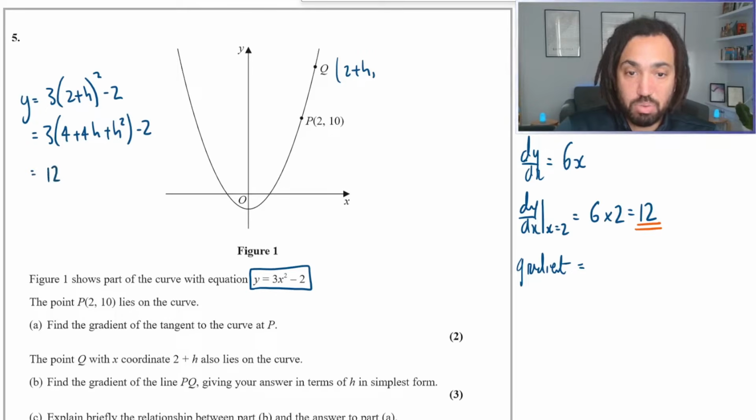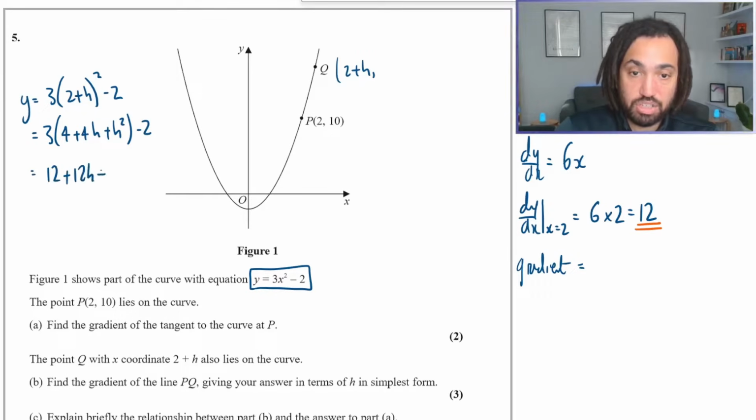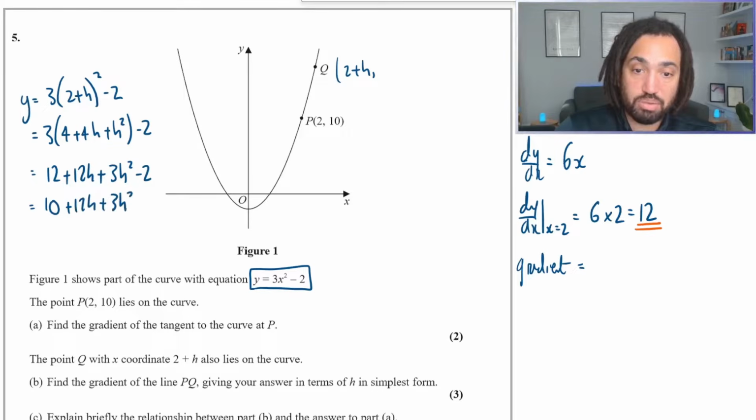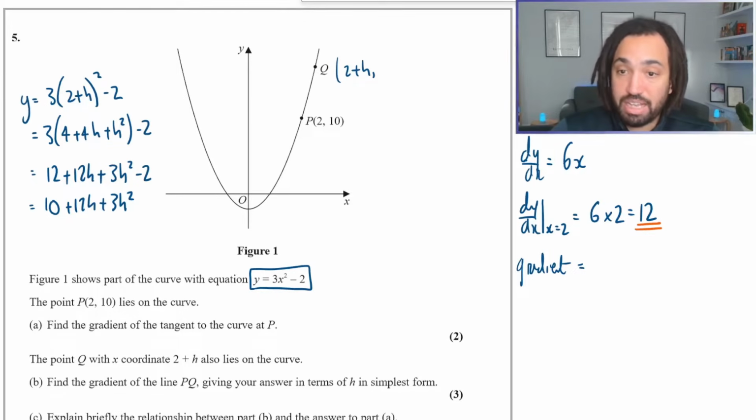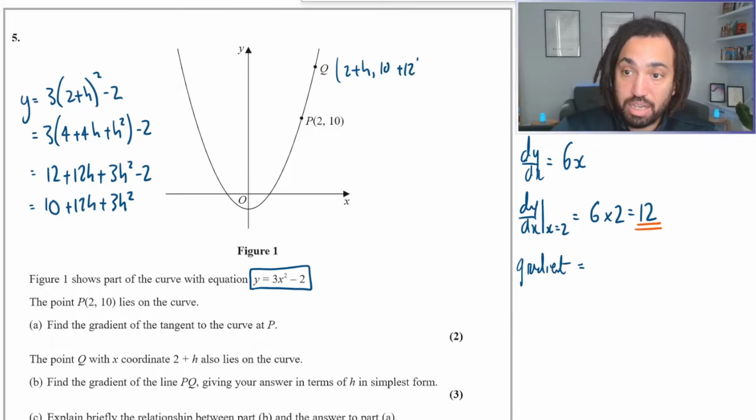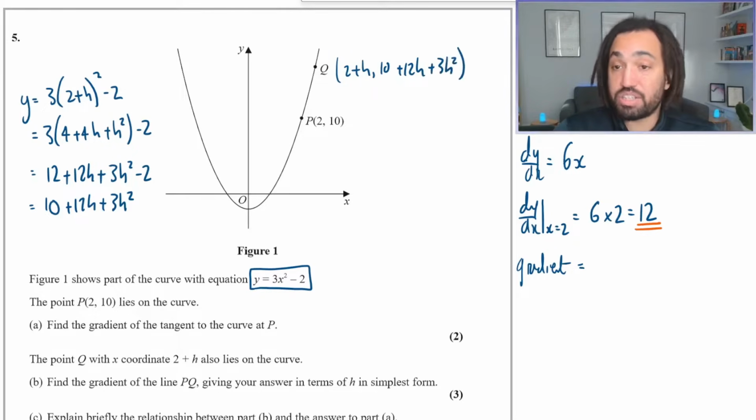So this is going to give me 12 plus 12h plus 3h squared minus 2. So that's 10 plus 12h plus 3h squared. Okay, so that is the y-coordinate of this line. Obviously it's dependent on h because, well, Q is dependent on h.